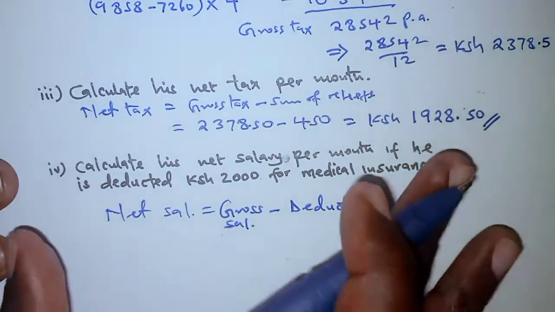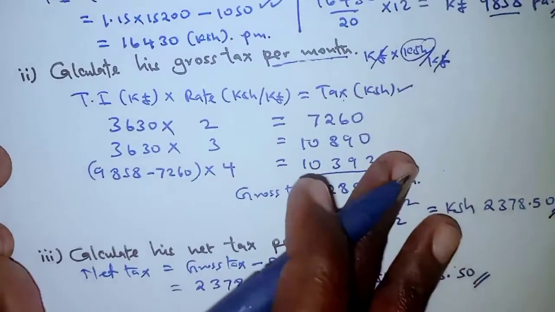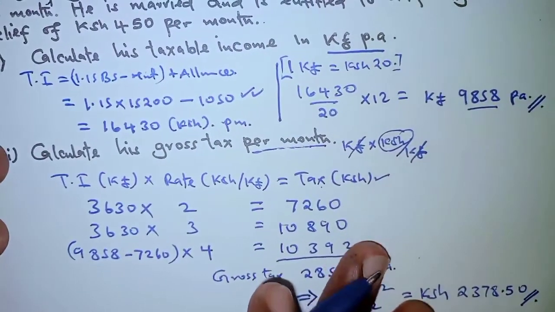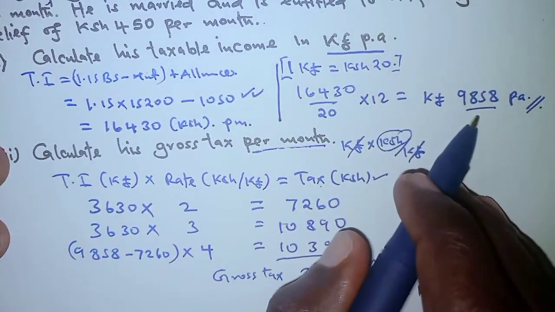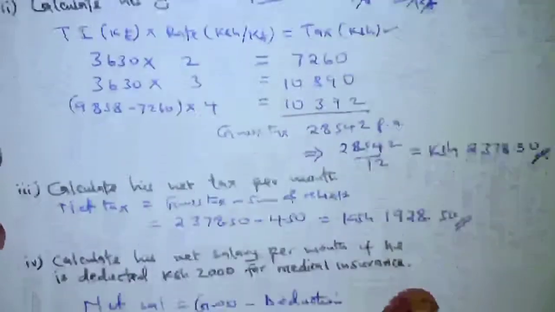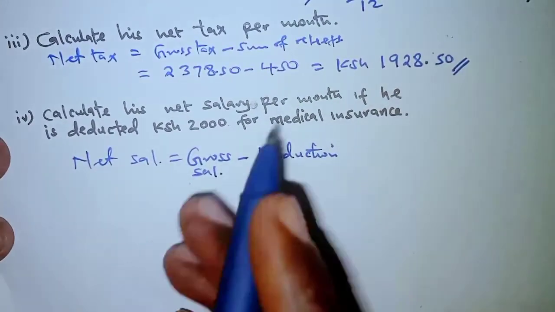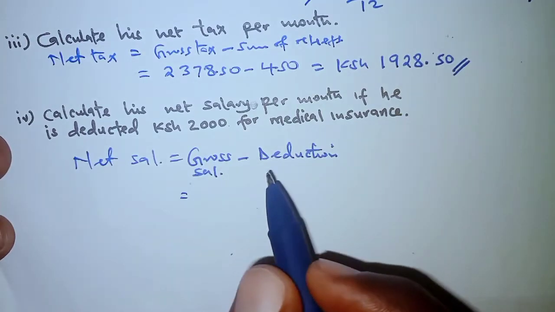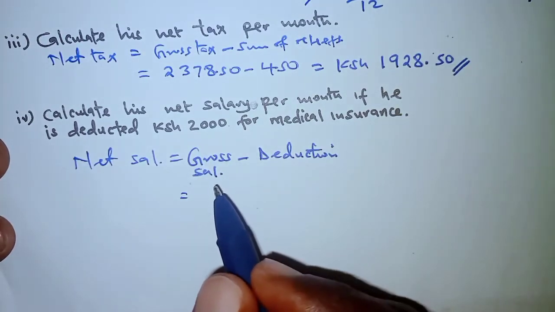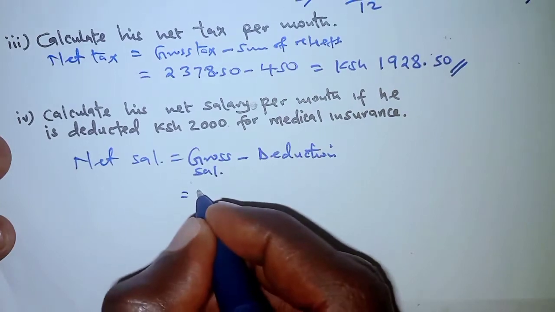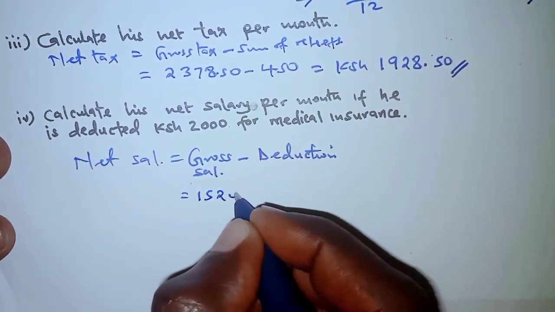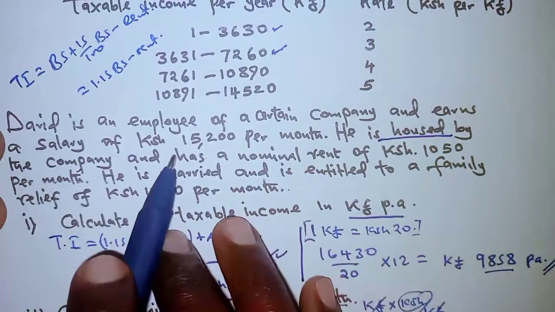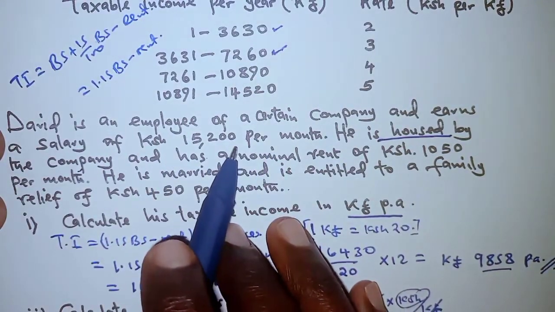And for the gross salary, we must note that it's different from the taxable income. It is the basic salary plus all allowances, and so far there is no allowance. We'll only have the basic salary, which is given as 15,200 right from the beginning.